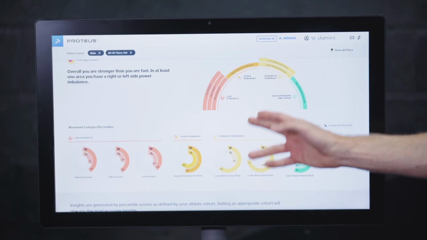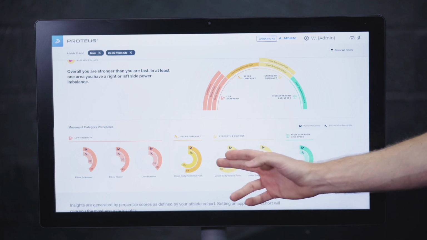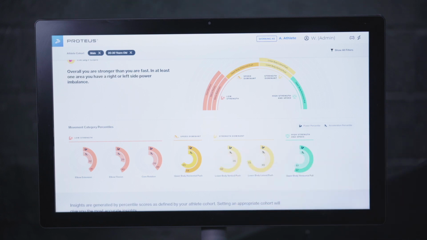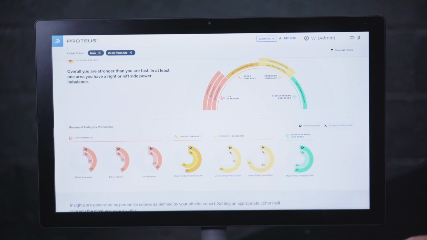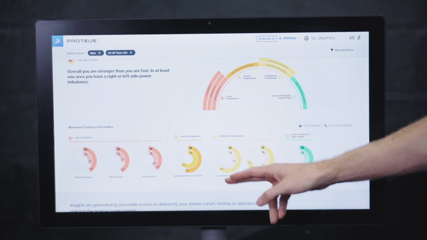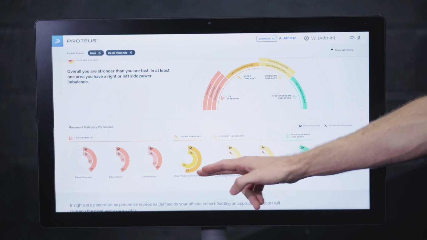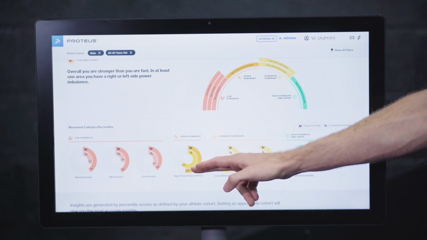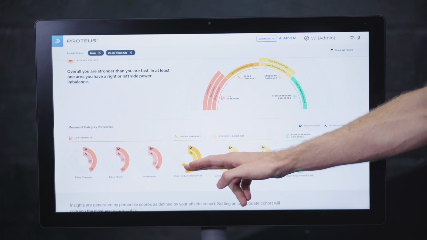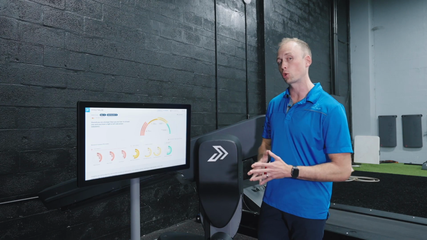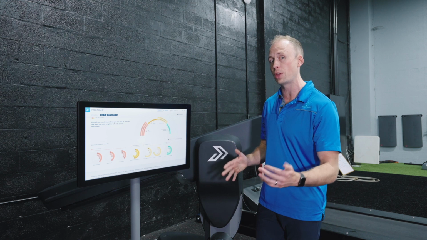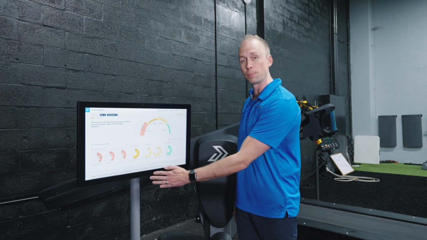But if we move over to the speed dominant category, we can see that this particular individual landed in the upper body horizontal push category in speed dominant. The power percentile ranking was the 54th percentile, whereas acceleration was the 65th. Because the acceleration was greater than 5 percentile points higher than the power, they got put into speed dominant.